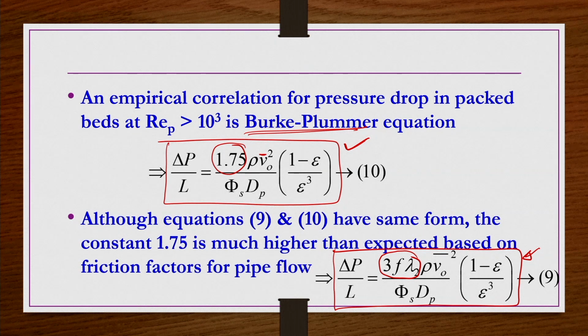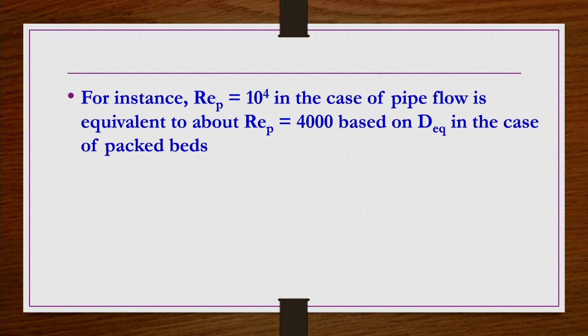So, although equations 9 and 10 have the same form, the constant 1.75 is much higher than the expected value based on friction factors for pipe flow cases. Whatever Reynolds number of 4000 is there in general for a packed bed, it is equivalent to a Reynolds number of 10 power 4 in the case of pipe flow without any packing.